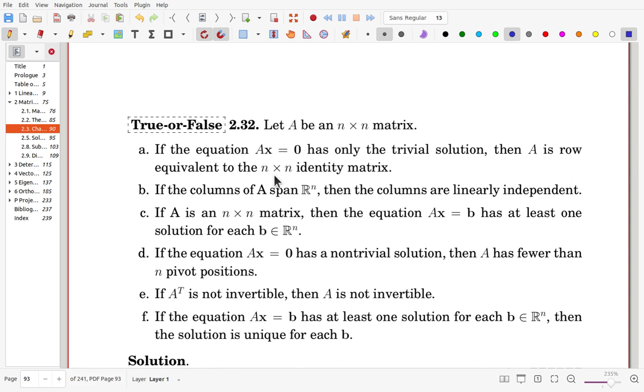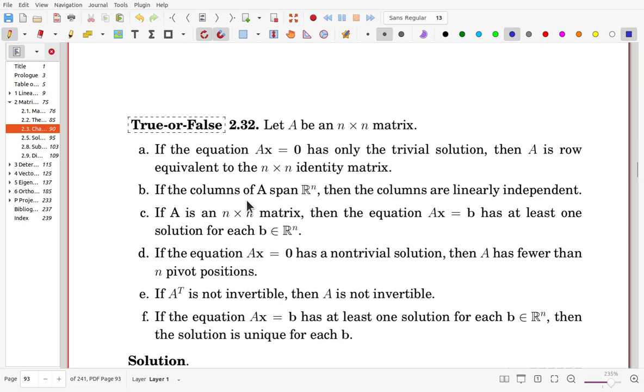Is it true? Yeah, it must be true. In fact, in the invertible matrix theorem, we have one statement like this: Ax equals 0 has only the trivial solution, so A is invertible. That is another statement, so they must be the same.